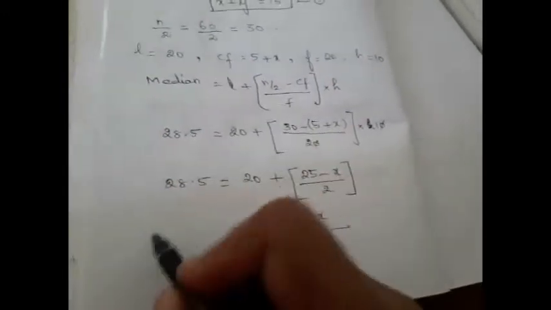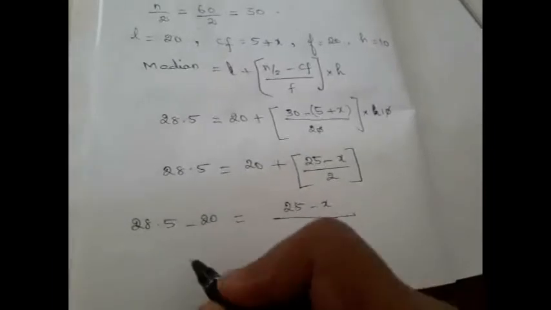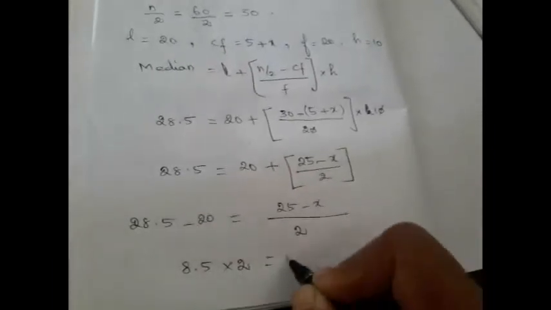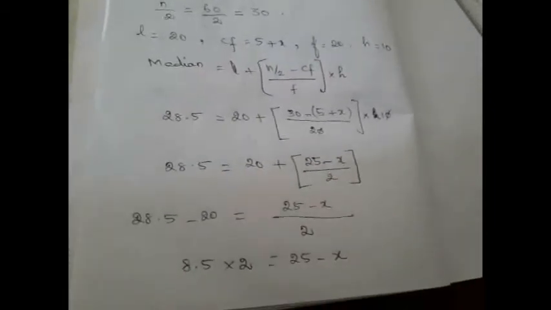If I bring this 20 to the other side, it will become 28.5 minus 20. So 28.5 minus 20 is going to be 8.5 into 2, which is equal to 25 minus x. So we got 8.5 into 2 equal to 25 minus x. So 17 equal to 25 minus x.